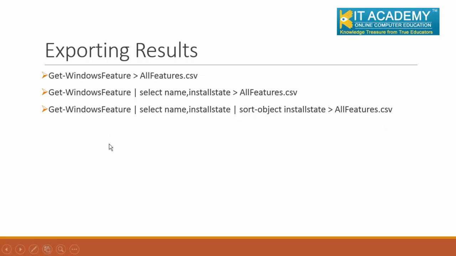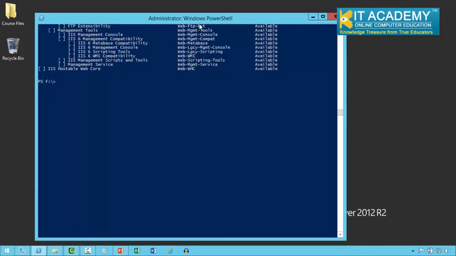So let's go back to the PowerShell session and try to issue these commands. You can notice I'm still in the same PowerShell session that I've been using. We would like to see how we can export the information to an output file.